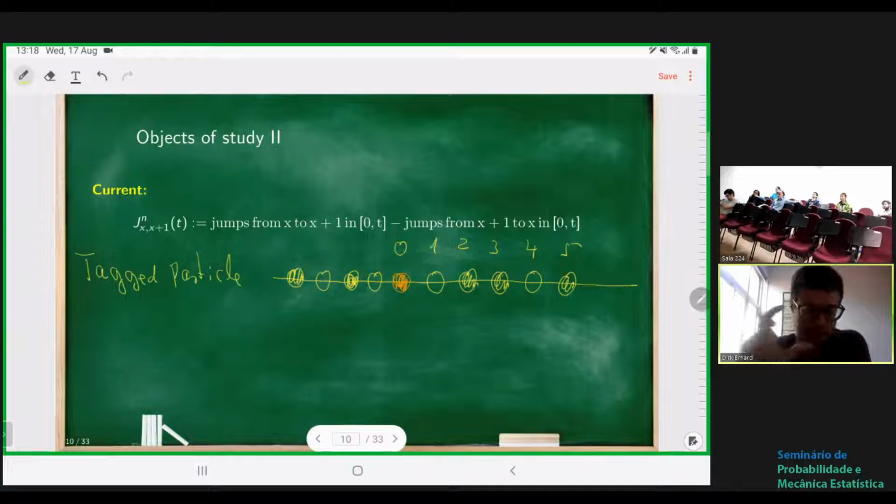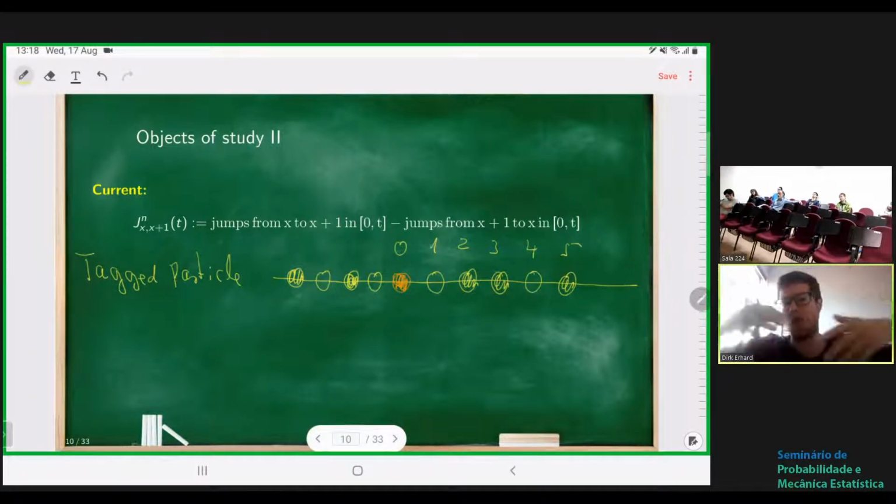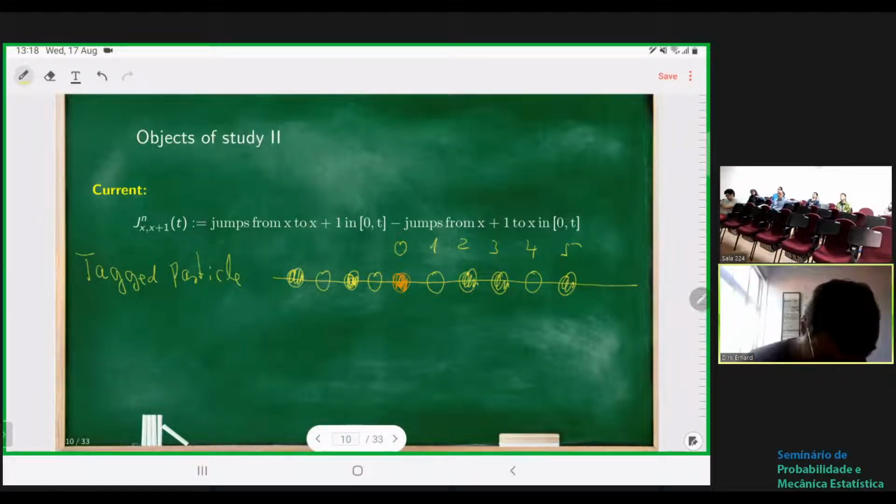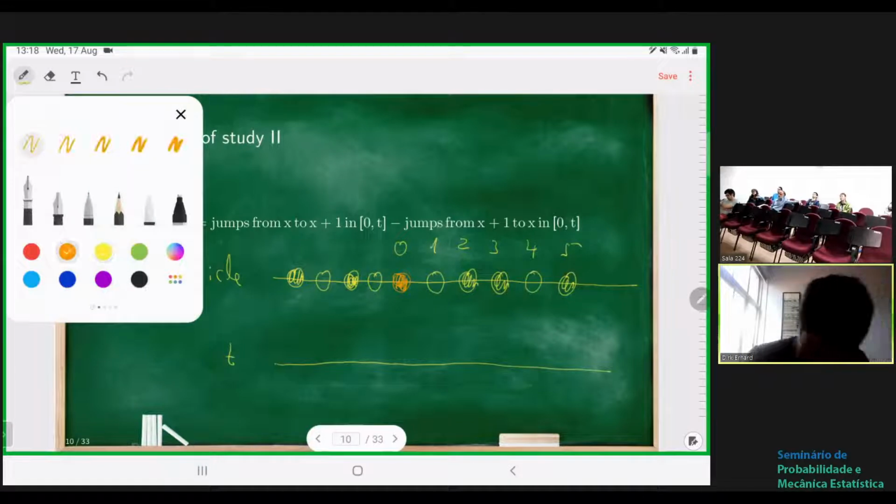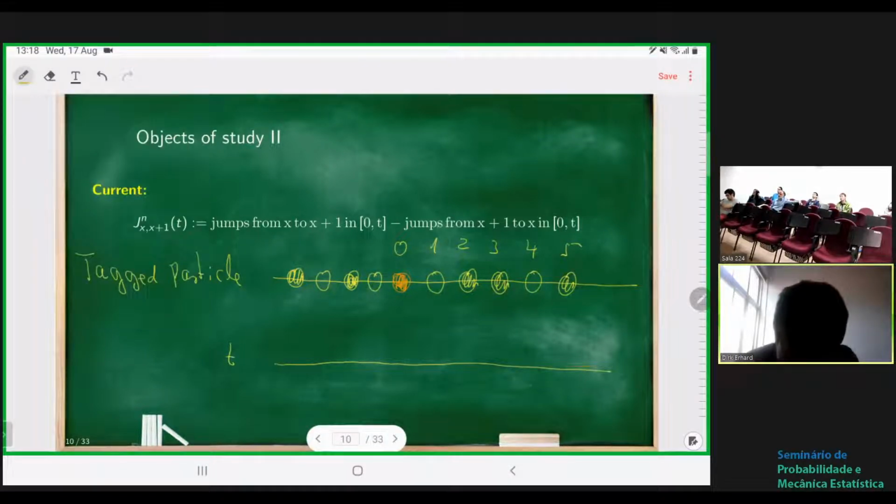So what is now the relation between the current and the tagged particle? Actually, you can write the tagged particle in terms of the current. Why? Let's assume the picture I just drew is the picture at time 0, and now the exclusion process evolves, the tagged particle evolves. And so at time t, it will probably be at a different location. So let's assume that at time t, the tagged particle is at position 5.